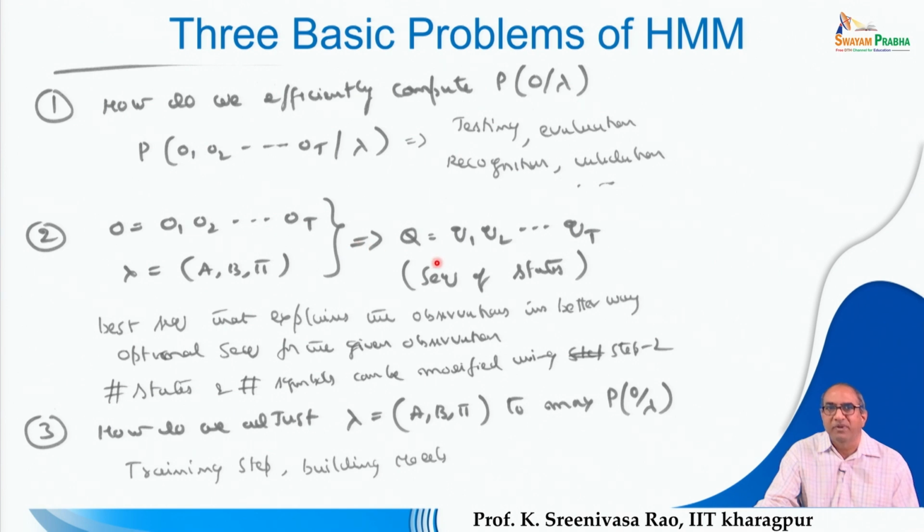That is step 2. It is the best sequence that explains the observations in a better way, that means the optimal sequence for a given observation sequence. So, this is the observation sequence and we know this is the model, and by knowing these two, can you estimate the optimal state sequence?